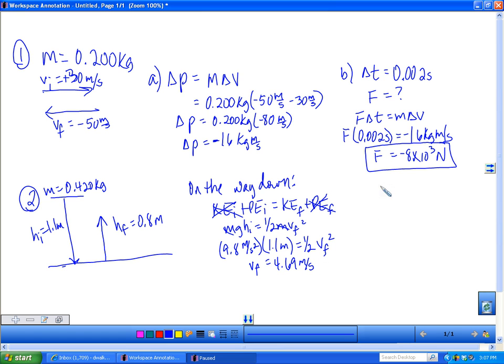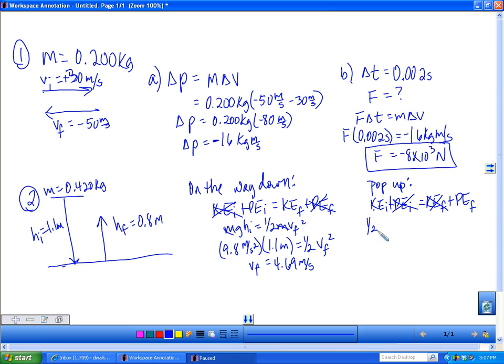Now I want it to pop back off the ground. So I'm going to say KE initial plus PE initial equals KE final plus PE final. Now when it gets to the highest point on the way back up, there's no kinetic energy left, and it had no potential energy to begin with.